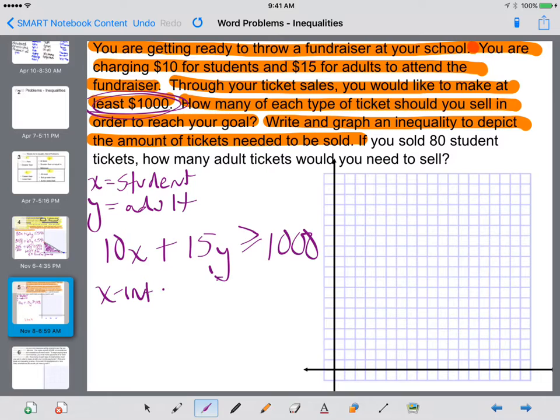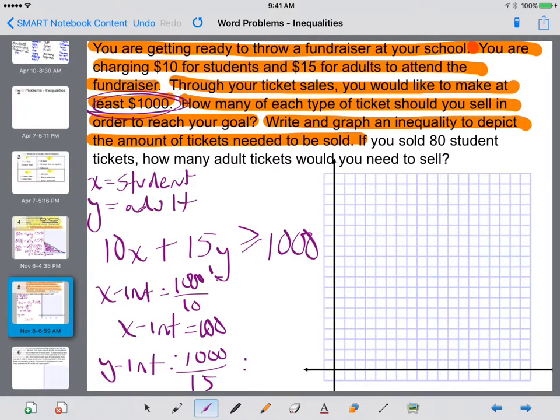X-intercept, 1,000 divided by 10. That's going to give us an x-intercept of 100. Y-intercept, 1,000 divided by 15. That is nice. That gives us 66.6 repeating.